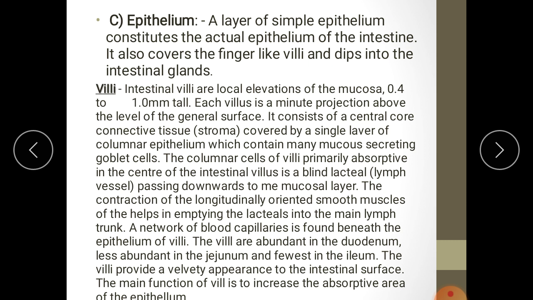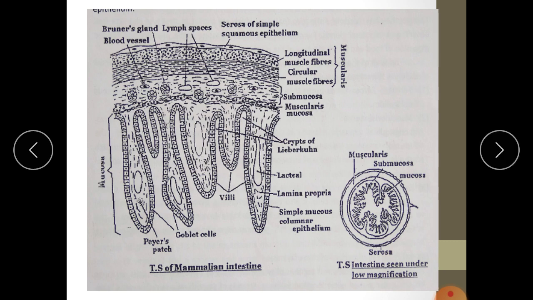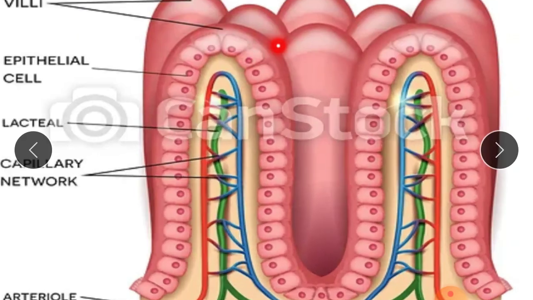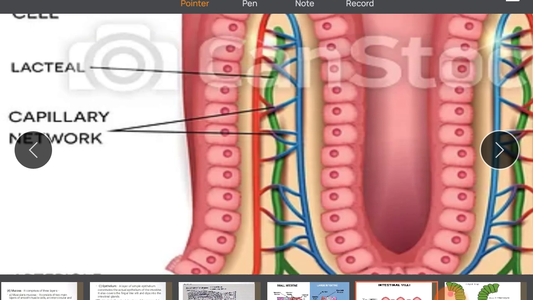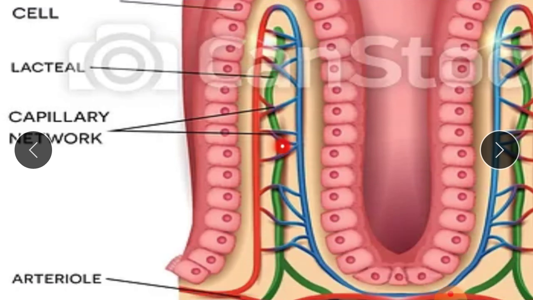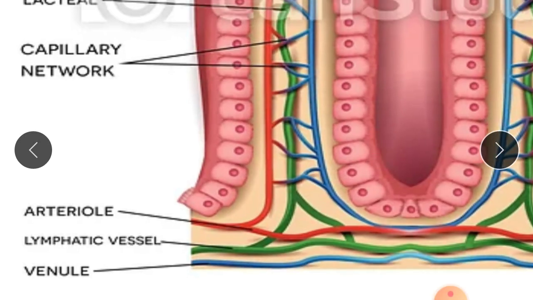And at the center of the villus, in the core of the villus, a lymph vessel is present called a lacteal. Can you see here? This green tube-like structure or vessel is called lacteal. In this, what is flowing?